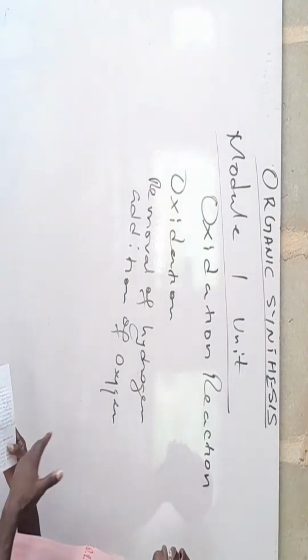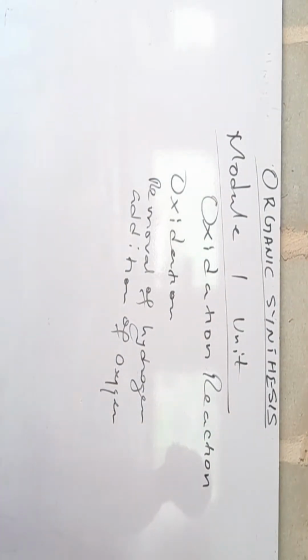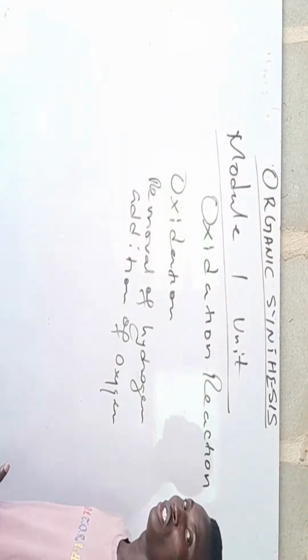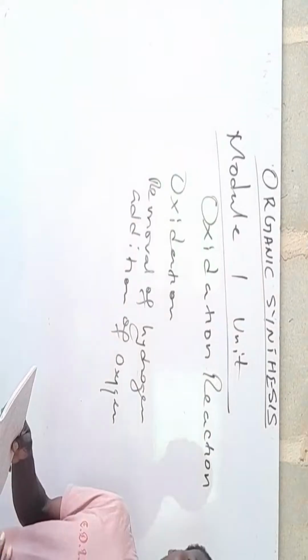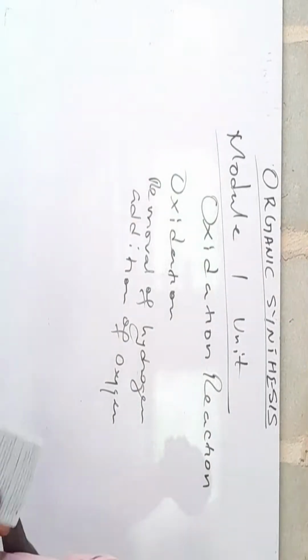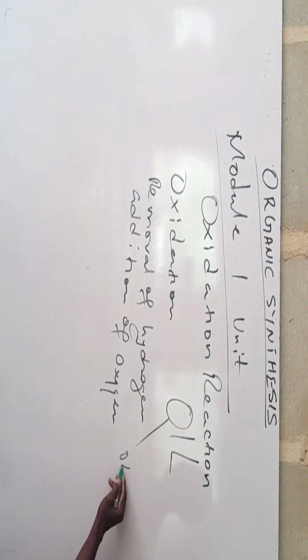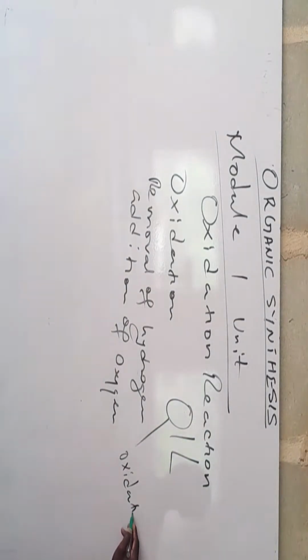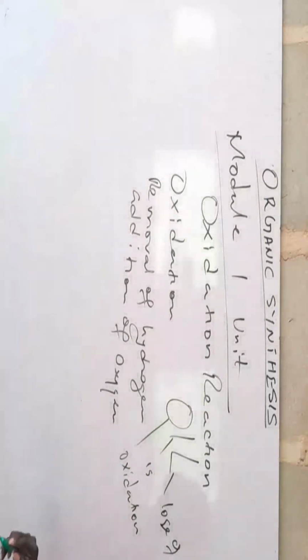According to this given material, oxidation simply means removal of hydrogen, addition of oxygen in a given compound, although there is also a change in oxidation number, as in the case of OIL RIG, which simply means oxidation is loss of electron.